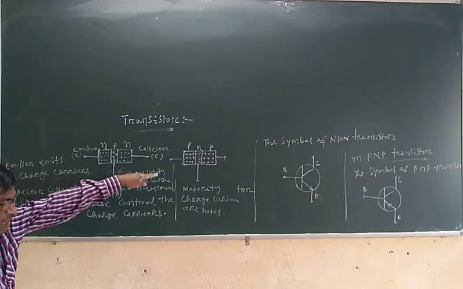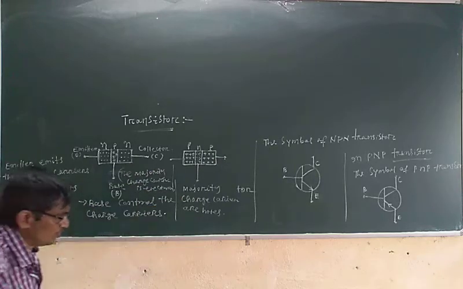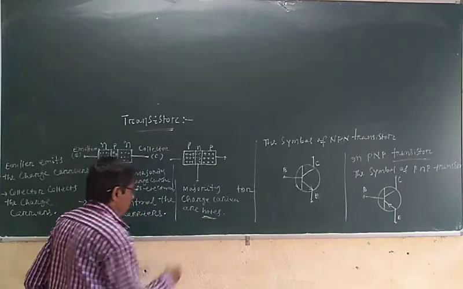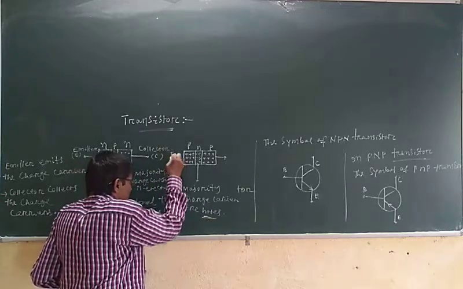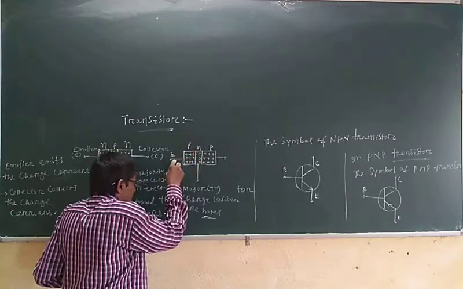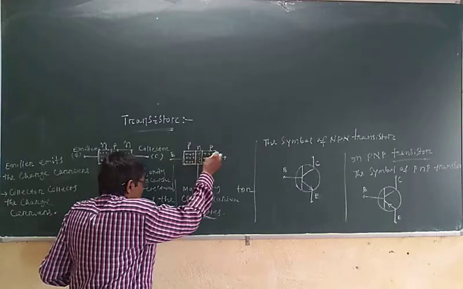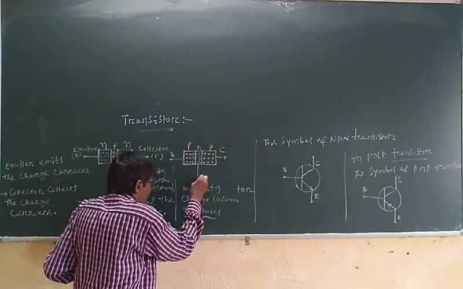So at the emitter, when the charge concentration is higher, it emits the holes, the collector side collects the holes, and the base is the control.